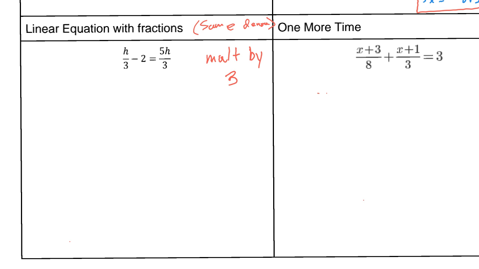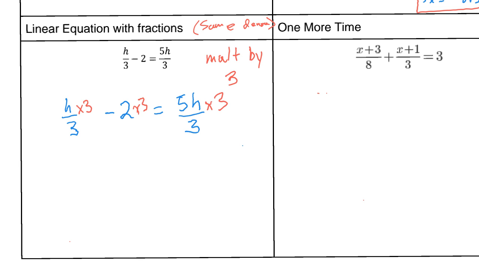So you have h over 3, and I'm going to put a space here, and then minus 2 with a space, equals 5h over 3. Now, in order to get rid of the 3's and make it into nice linear work that we can use, we're going to multiply each of these by 3. So I've got h over 3 times 3, negative 2 times 3, and then 5h over 3 times 3.